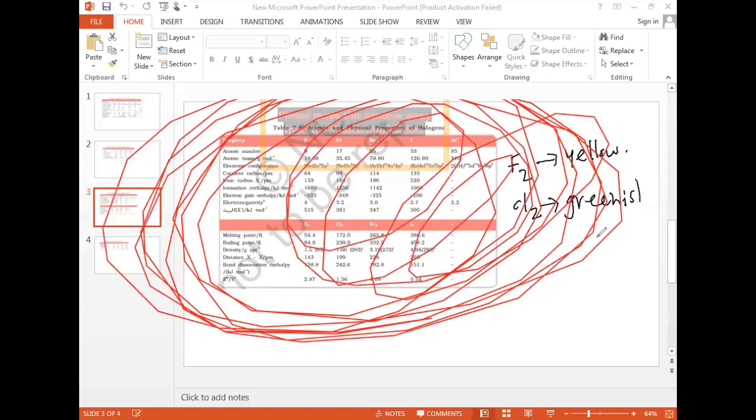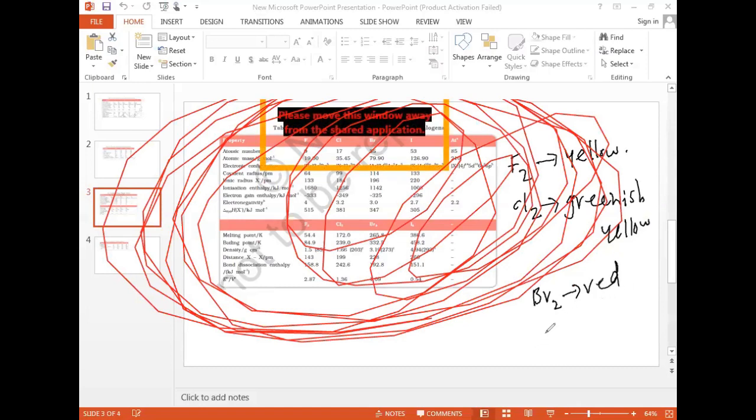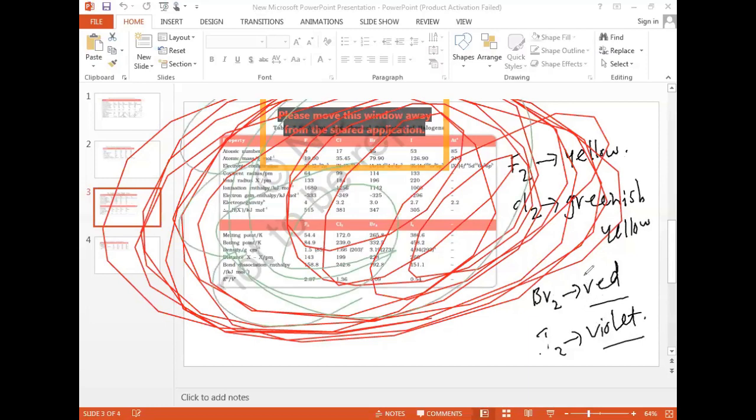Whereas bromine, you can see the red color, and iodine, you can see a violet color. Okay. Fluorine yellow, chlorine greenish yellow, bromine red, iodine violet color we can take.